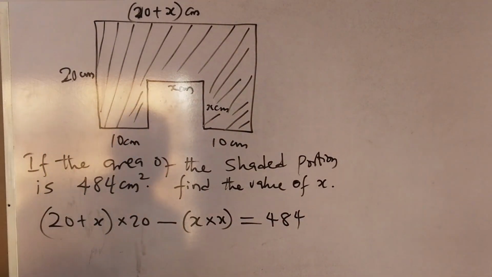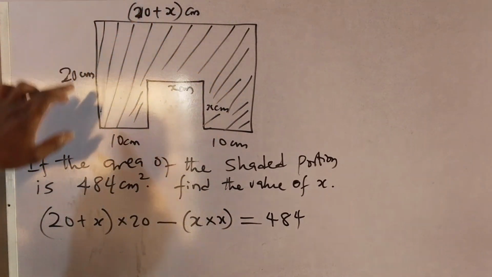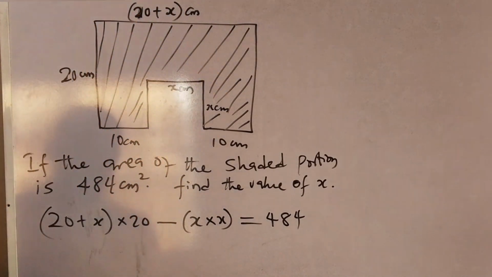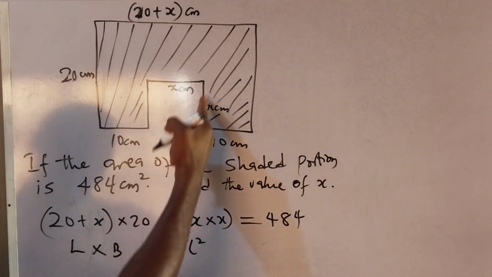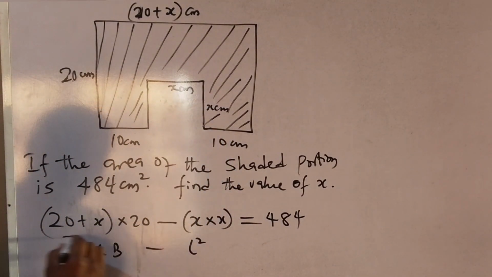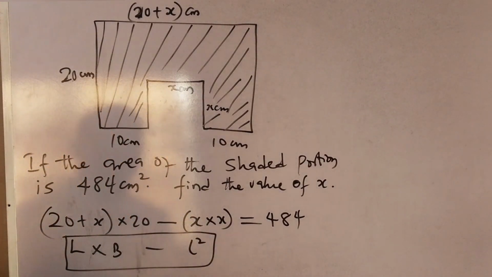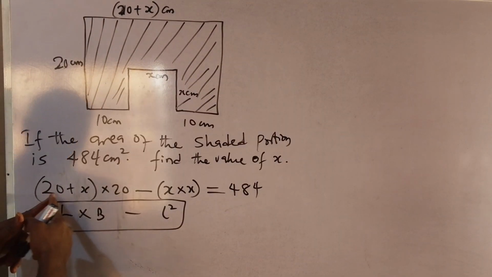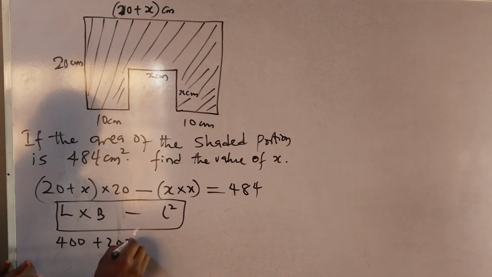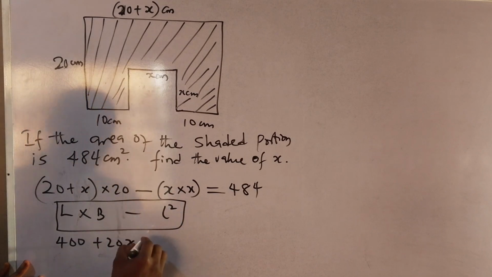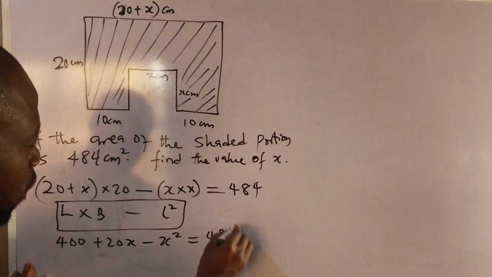So area of the shaded portion is the area of the rectangle: length 20 plus x times breadth 20, minus this square, x times x. Taking it further, 20 times 20 gives us 400 plus 20x, that's 20 times x, minus x squared is equal to 484.